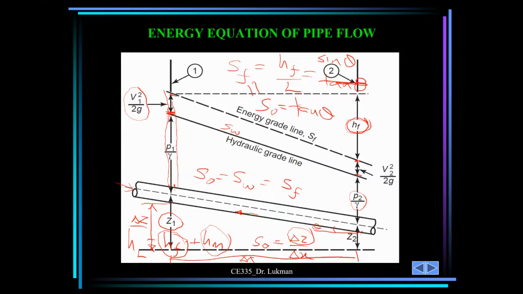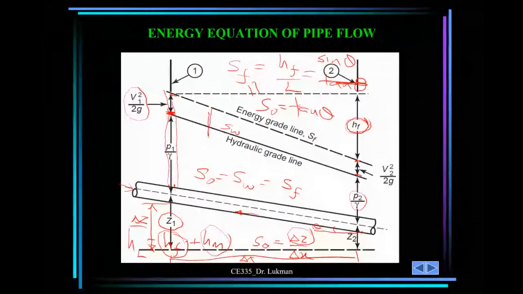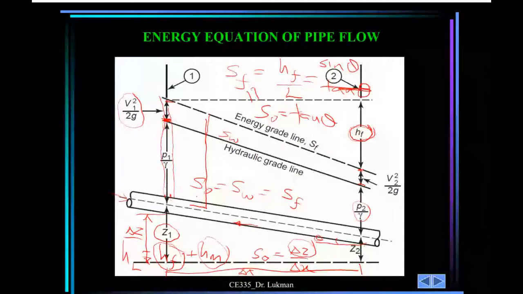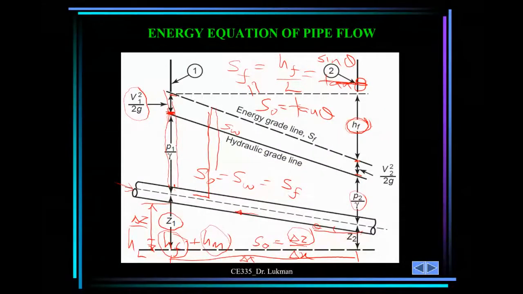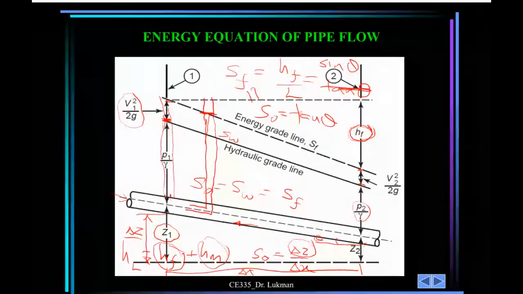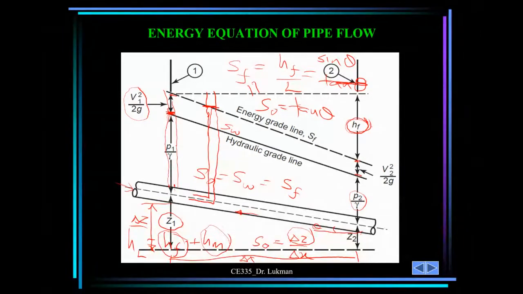When you use a piezometer, water will rise to this level. What about when you use a pitot tube? Water will rise to this level, because the pitot tube measures the velocity head in addition to the piezometric head.